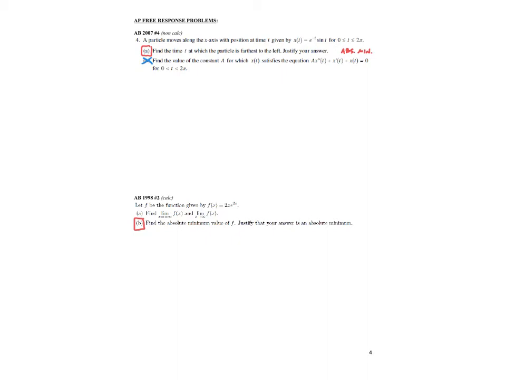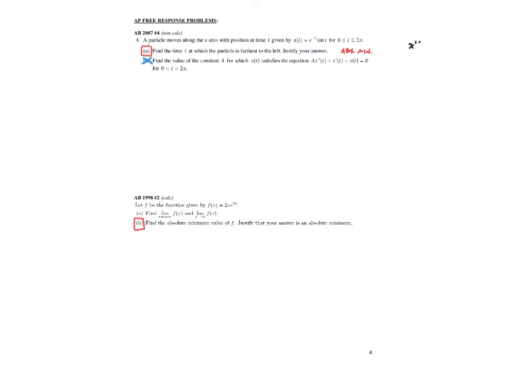Some of the parts of this I'm going to gloss over just for the sake of time. But what I want to do in part A for number 4 is find a time at which x prime of t is equal to 0, and then determine if x double prime of t is greater or less than 0.